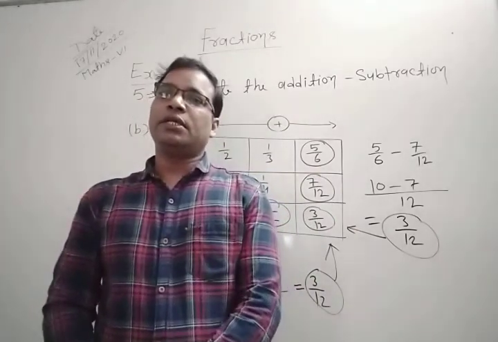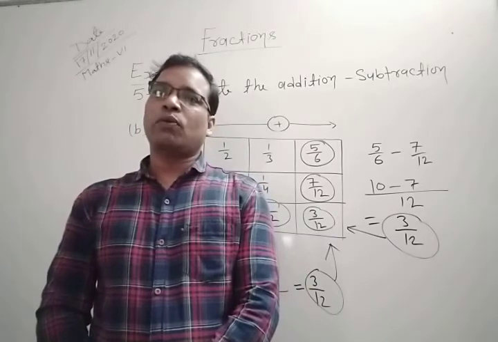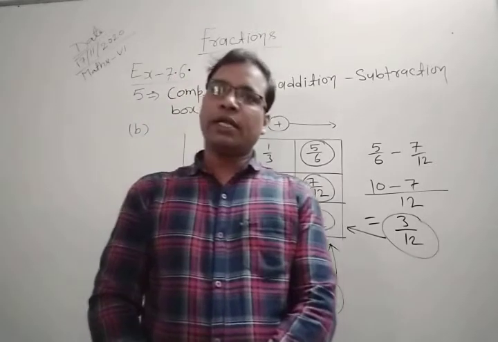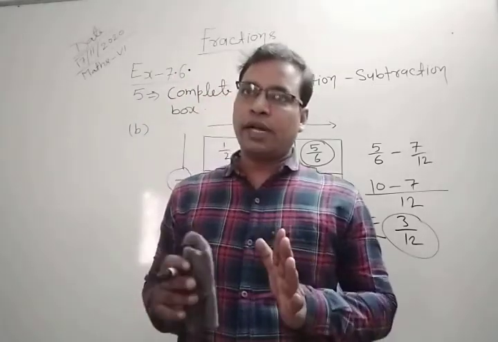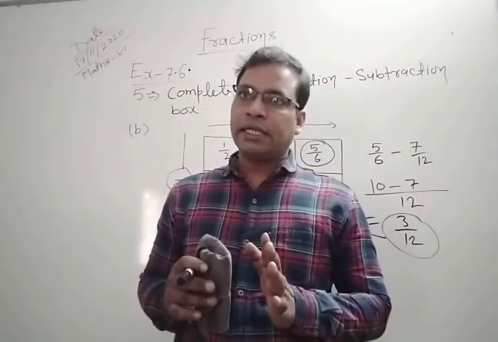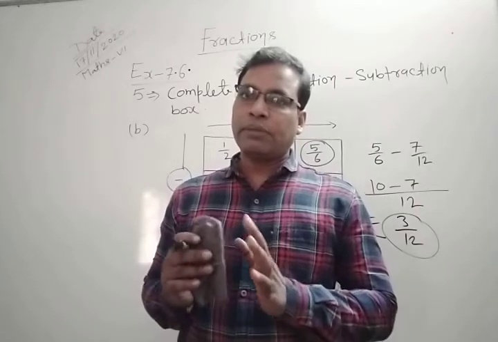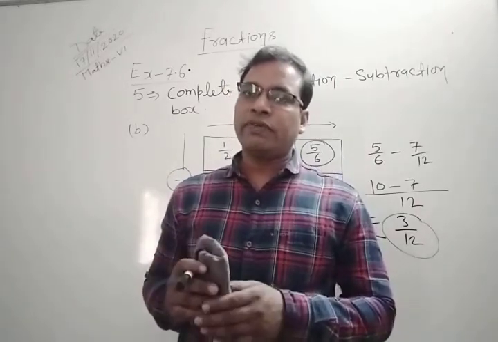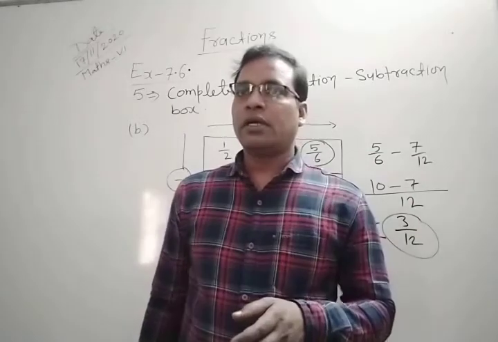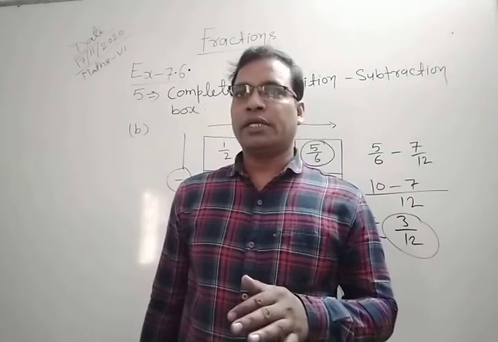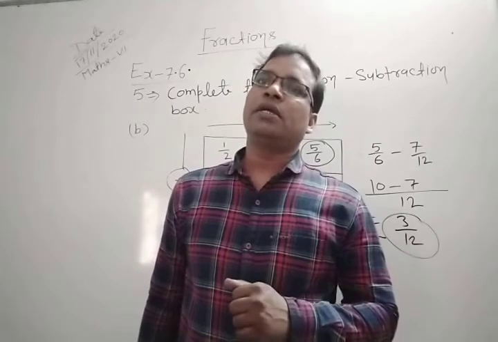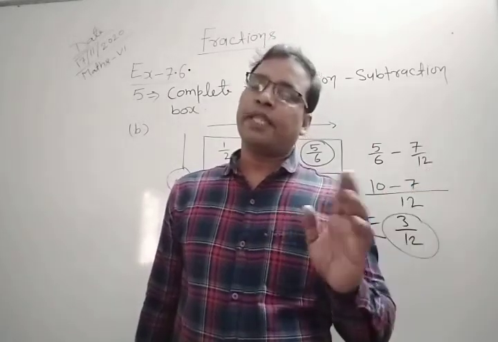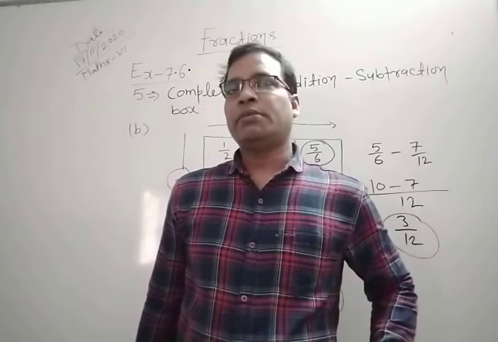The total length of the wire is 7/8 meter. It broke into two parts. The length of the first part is 1/4 meter. We need to find the length of the second part. When you subtract the length of the first part from the total length, you obtain the length of the second part.